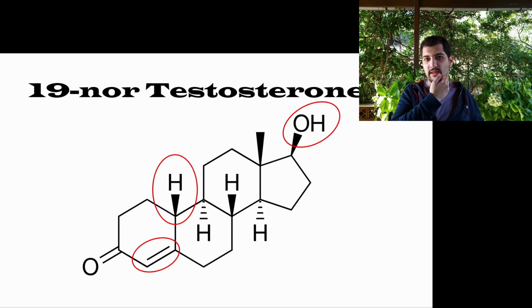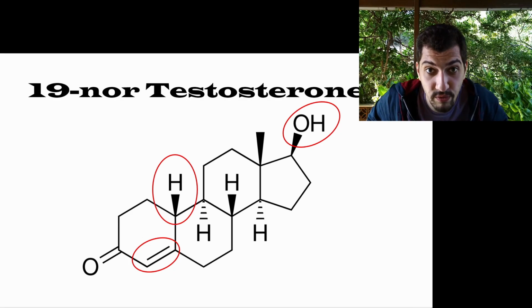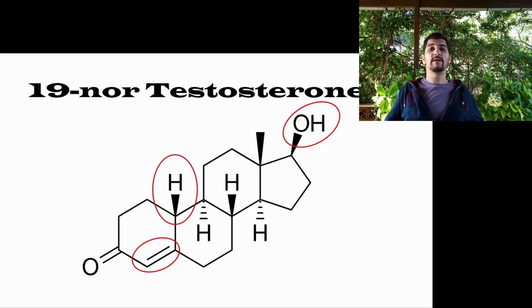So let's take a look at the 5th position. Between the 4th and 5th position, it still has the double carbon bond. It doesn't have the carbon on the 19th position, and the 17th position tells you that it does not have an added methyl group either, so it is an injectable 19-nortestosterone derivative.